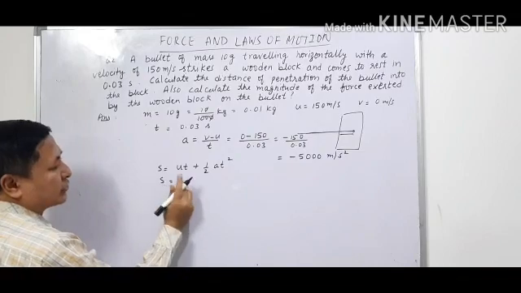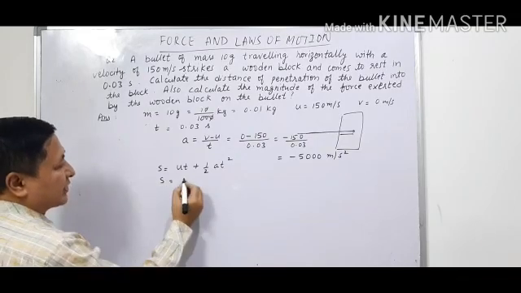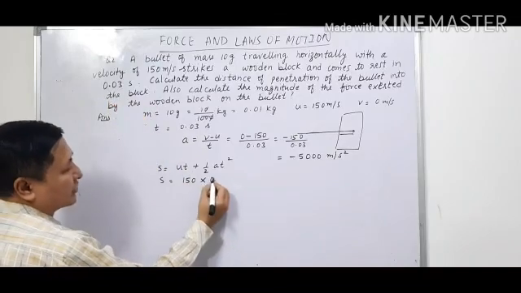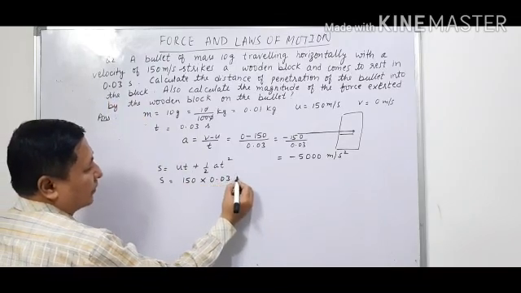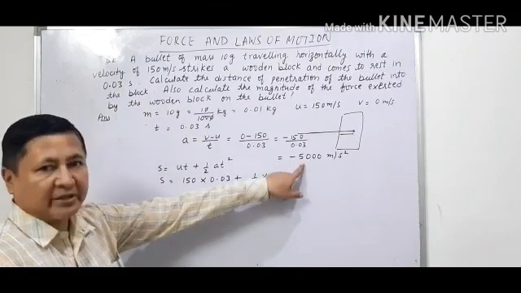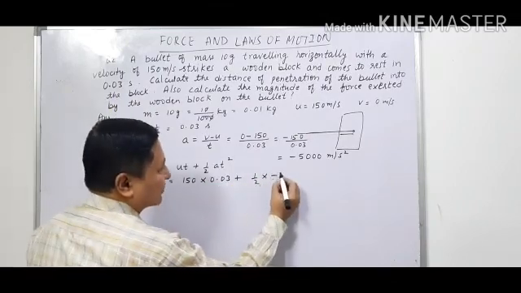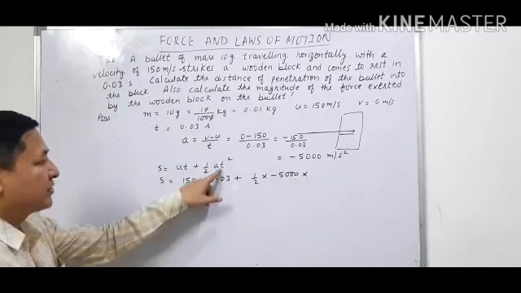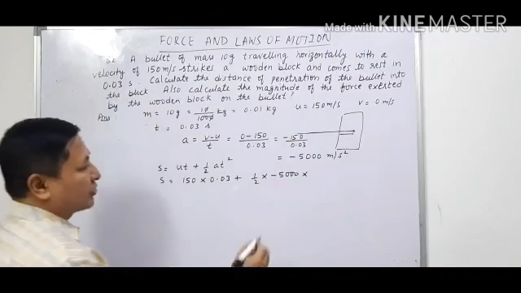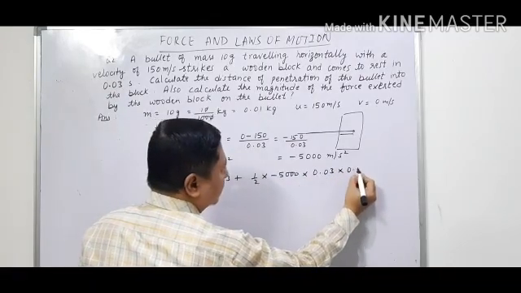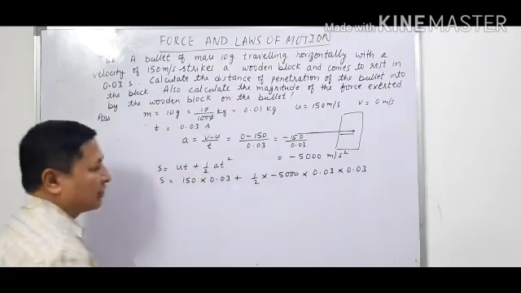So s is equal to ut, u is the initial velocity, that is 150 into t, 0.03 second, plus half into a. Acceleration we have just now calculated, this is minus 5000, into t square, t is 0.03 into 0.03. Now let us solve this.